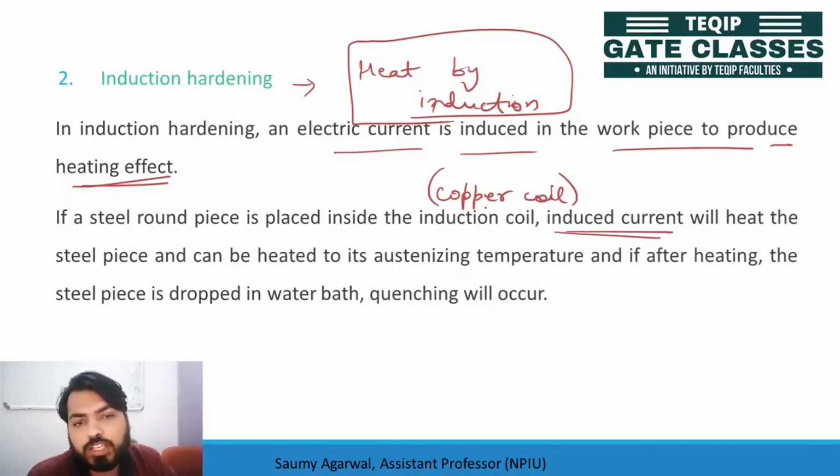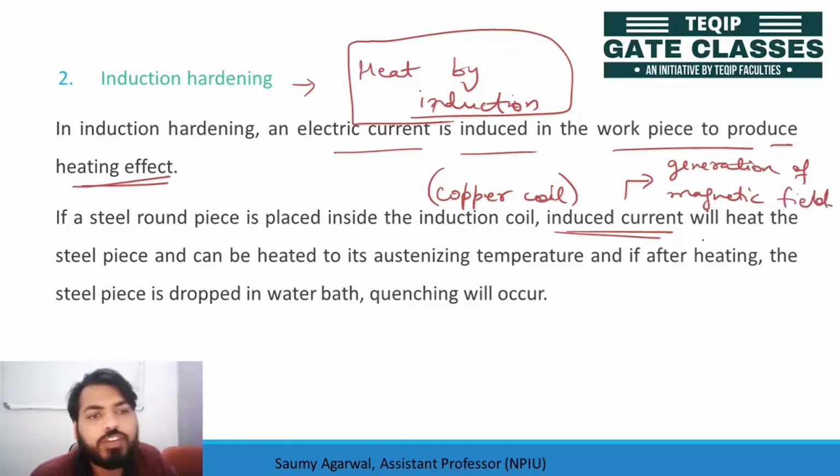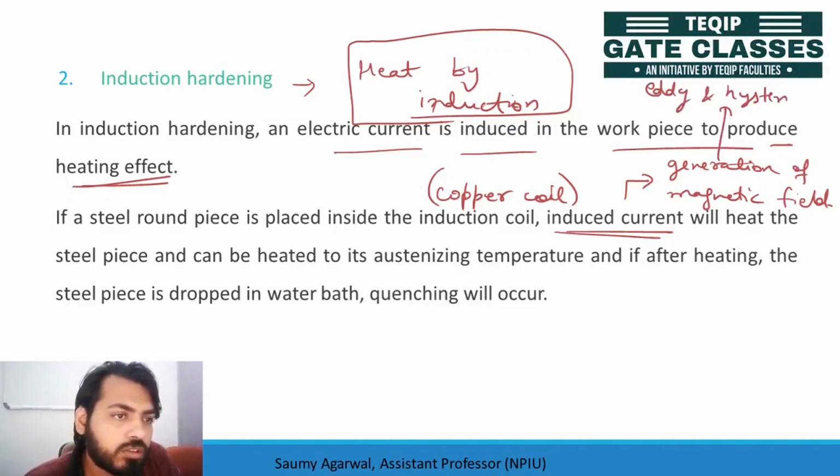Due to the passing of current, generation of a magnetic field will take place, and due to this magnetic field there will be eddy and hysteresis losses. Due to these eddy and hysteresis losses, there will be production of heat.